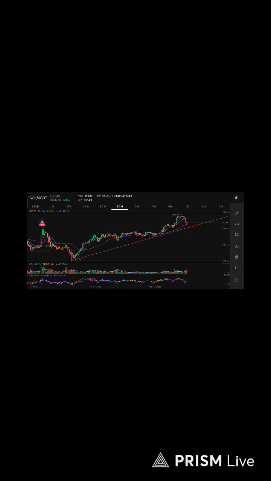It was going higher lows, higher lows to where? $205. So now the sellers have engulfed the buyers.